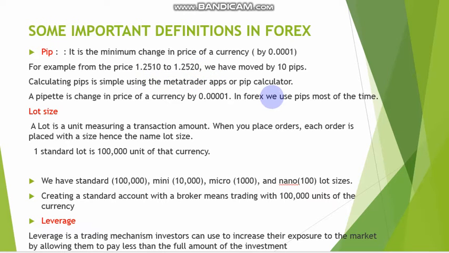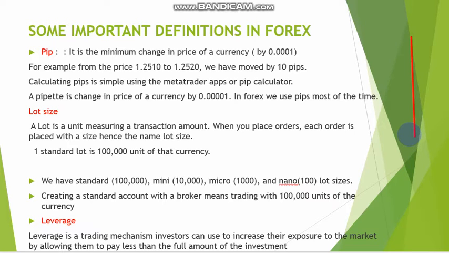But the forex trading world now is very simple, so you don't need to bother yourself with calculating pips like this. This is manual calculation. I'll be talking about trading platforms and explain to you how you can use them. You just take an arrow and draw it from the position, so you know the number of pips that you have moved.